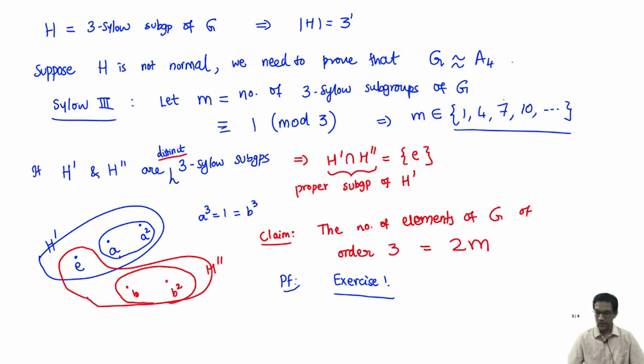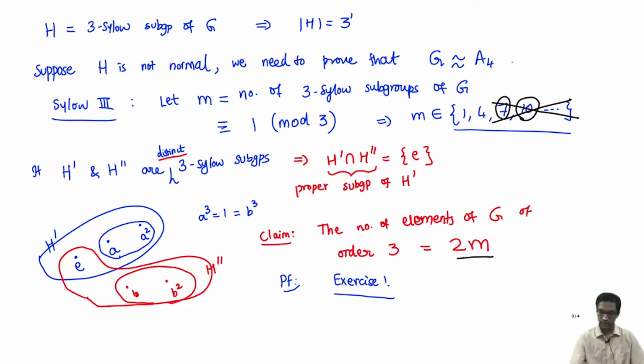I cannot have m equal to 7, because then there must be 14 elements of order 3 in my group, but my group itself is only of order 12. So all these numbers, 7 and higher, cannot be values of m, because they would give too many elements of order 3 in my group.